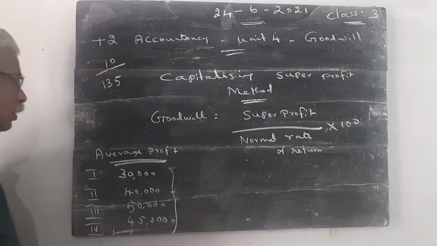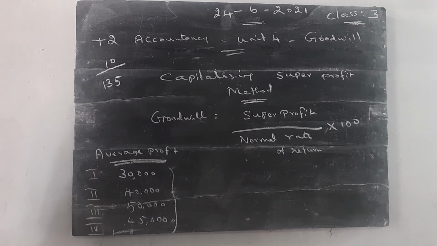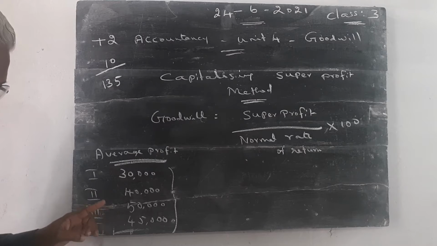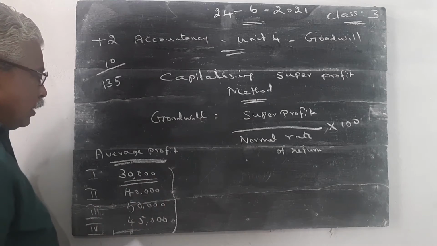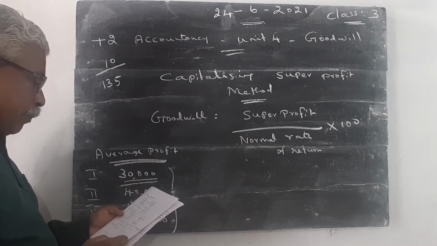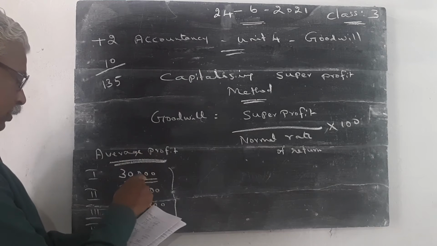Total profit. But in this question, there is one more information given. Abnormal loss is also included in this question. Abnormal profit is included.